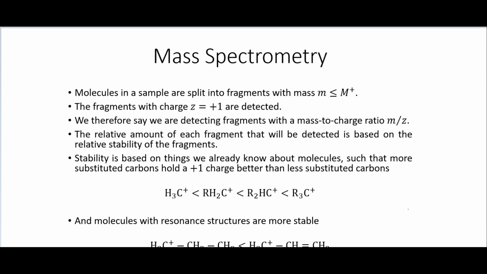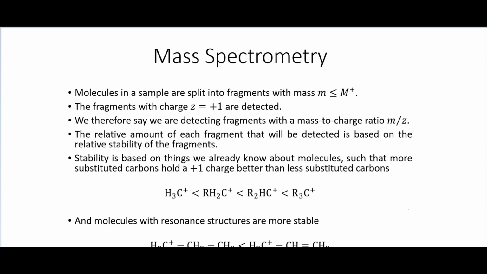NMR, which is what I'll talk about in future videos after this one, is a little bit more difficult to interpret than that, but I think mass spectrometry is probably the more difficult one, at least for me, because there are a lot more exceptions to various rules, and because we are putting it into this pretty extreme environment with all these electrons and these fragments coming off, we end up getting a lot of really weird things happening quite often, and so that can start adding some layers of complexity onto it.